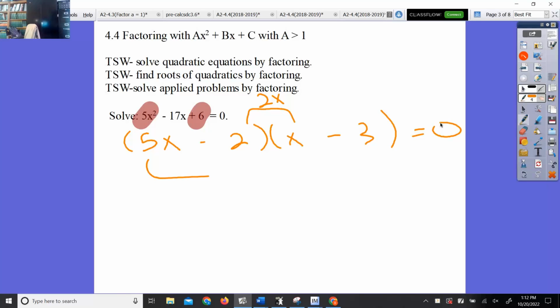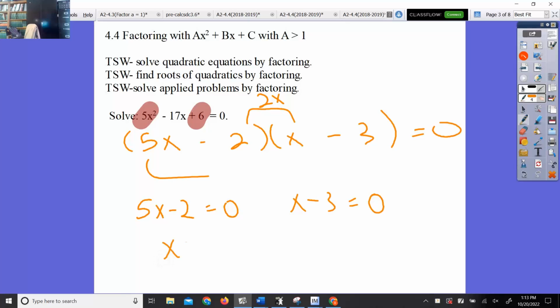Is it equal to 0? Hit it with your zero product property. What must 5x minus 2 equal? It must equal 0. What must x minus 3 equal? 0. All right. Katie, if 5x minus 2 is 0, what's x? 2/5.